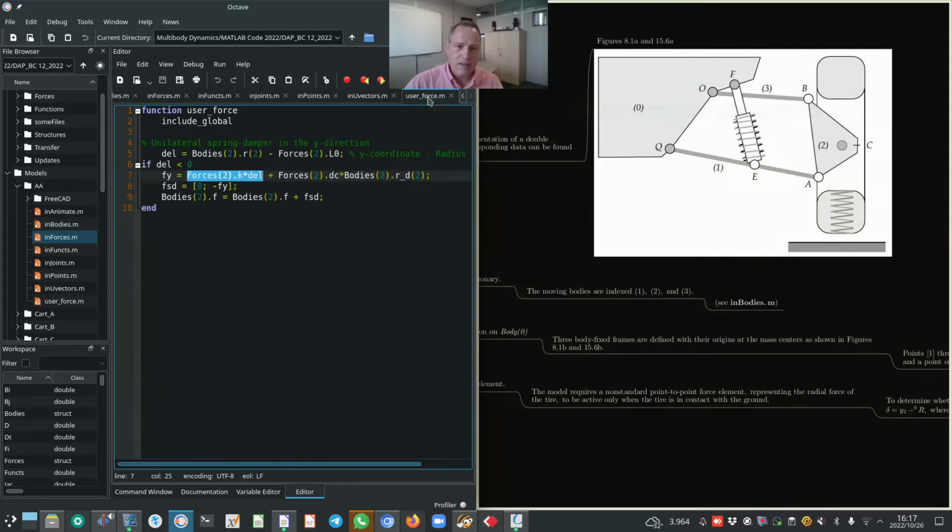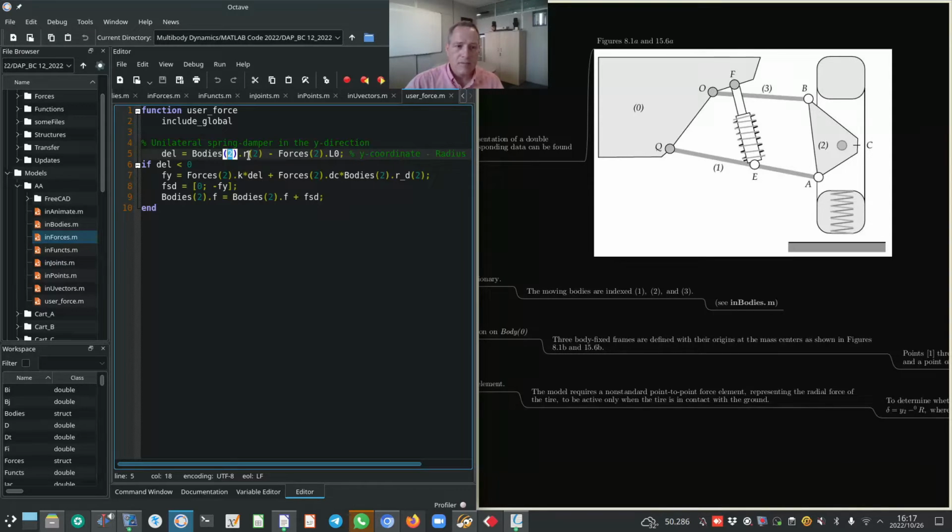Now let's look at the M-file user_force. The first thing that Prof. Nikravesh does is he calculates the deformation, and he does so by saying the deformation is the y coordinate. That's where this 2 comes from, the y position coordinate of body 2.